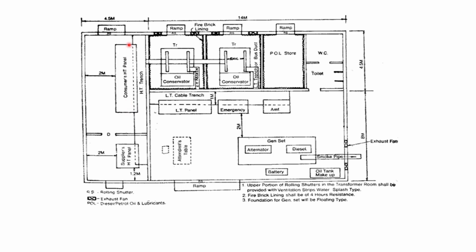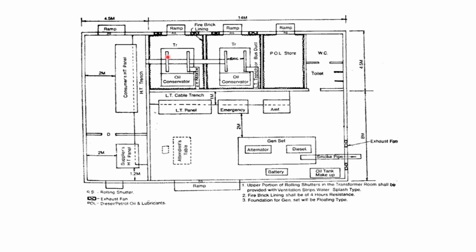That means the total length of the panel will be about 2.4 meters, and we have to leave a space of 2 meters in front of the ST panel. From the ST panel the supply goes to transformer number 1 and once again to transformer number 2.